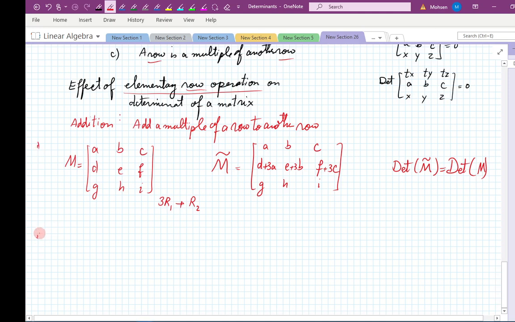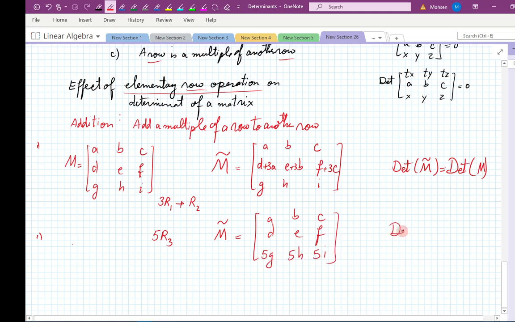Okay, we had 3 operations. Operation 2 was a multiplication. So suppose again I have this M, and M tilde, where we are making 5 times row 3. So M tilde now is a, b, c, d, e, f, 5g, 5h, 5i.